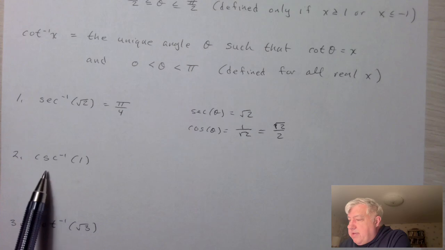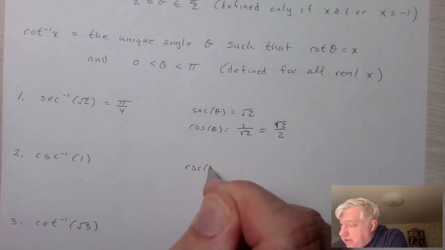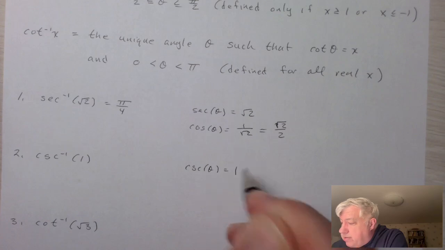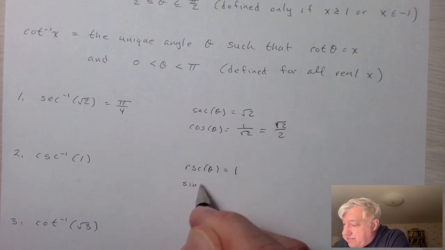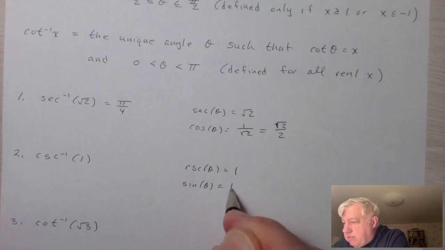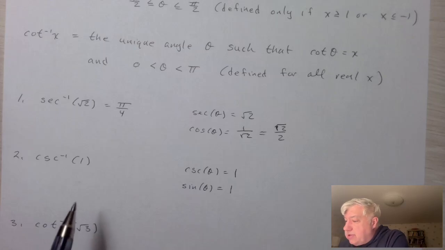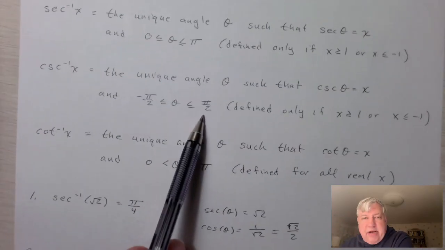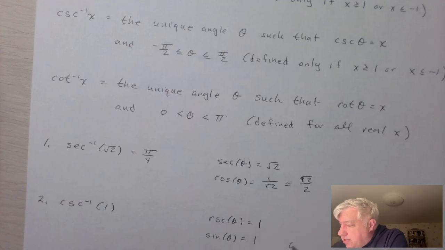What about the inverse cosecant of 1? We want the cosecant of theta to be equal to 1. If we take the reciprocals, this means the sine of theta is equal to the reciprocal of 1, which is 1. That has to be pi over 2, and pi over 2 occurs right at the end of the range. So theta is pi over 2.